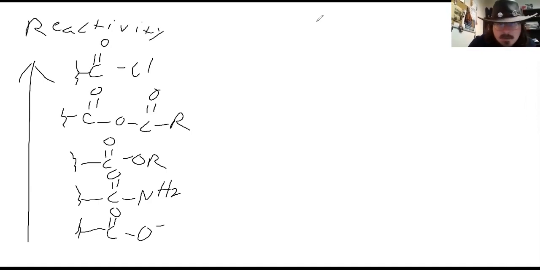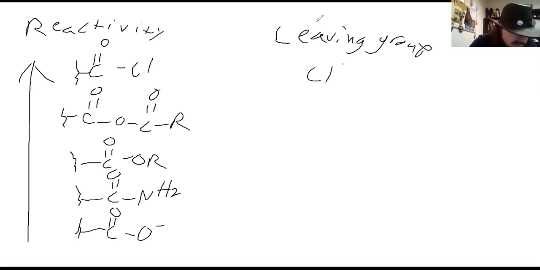So let's look at the leaving group for each of these in this reaction. The leaving group of this one would be a chloride. Then you have a carboxylate.